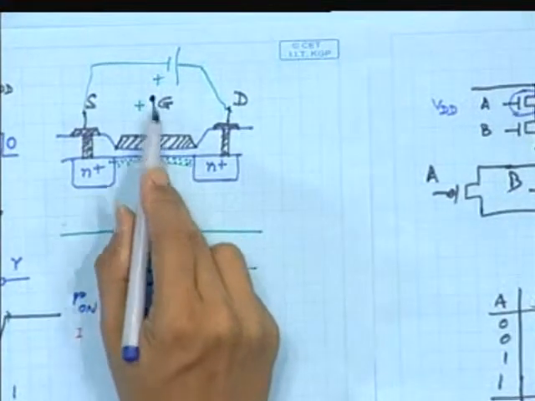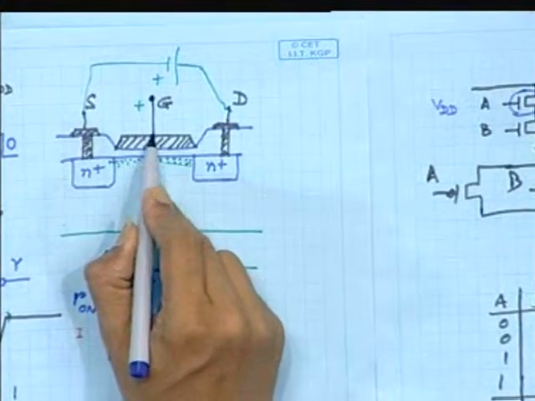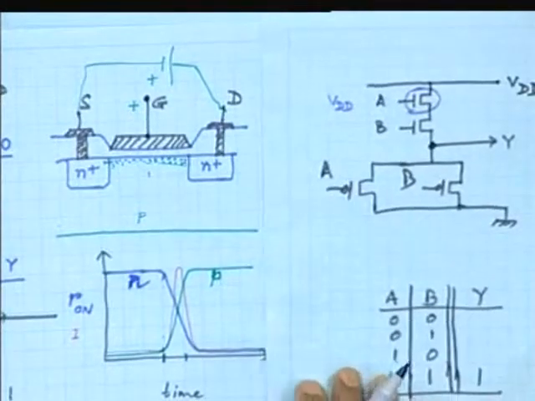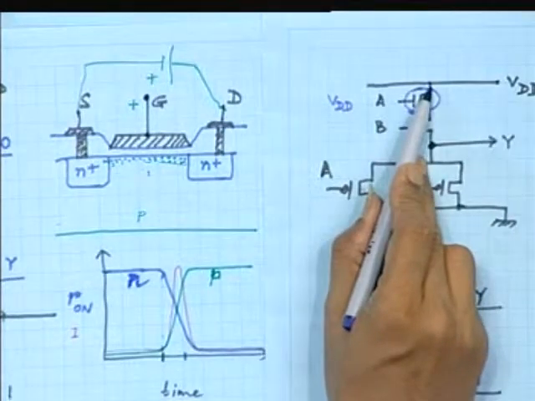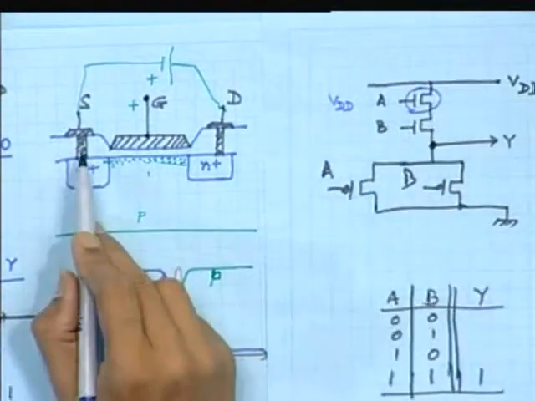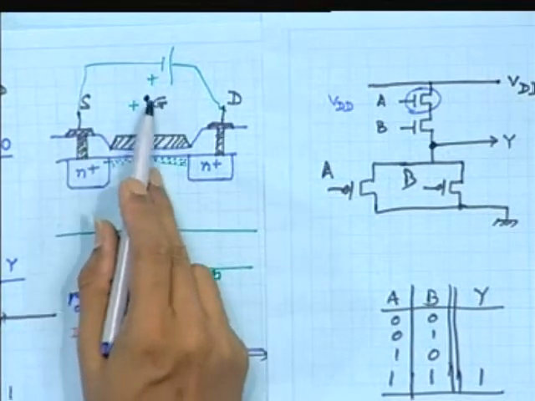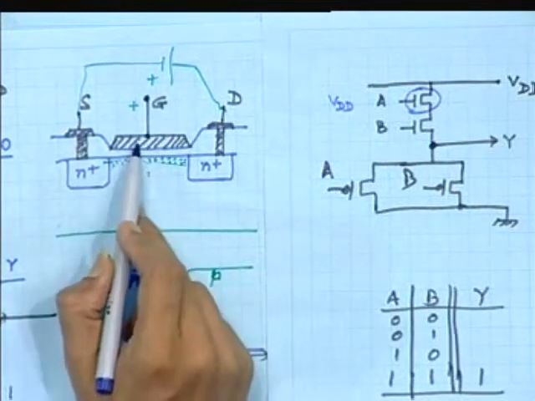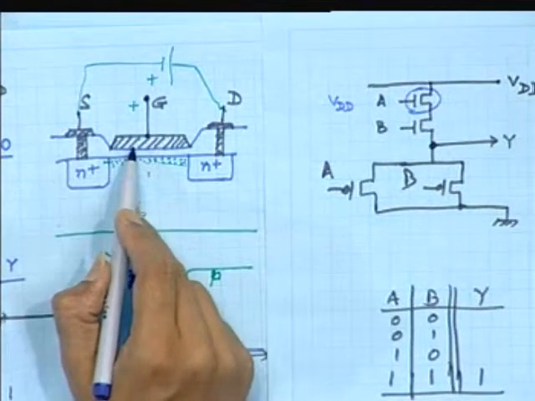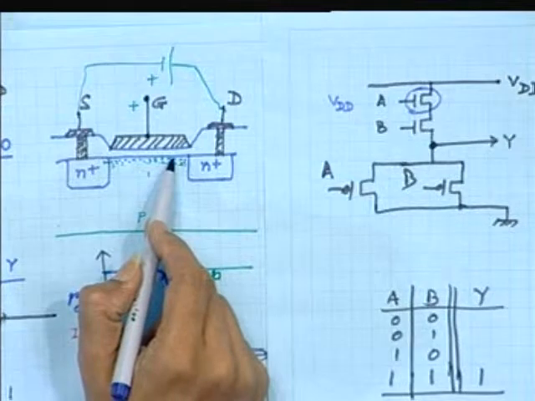Now this is high voltage, and the source, if you look at this structure, is also at high voltage. So, there will not be much voltage to turn it on, because if there is no potential difference, it will not be able to turn on.